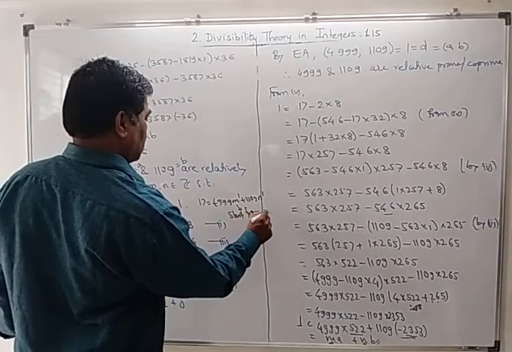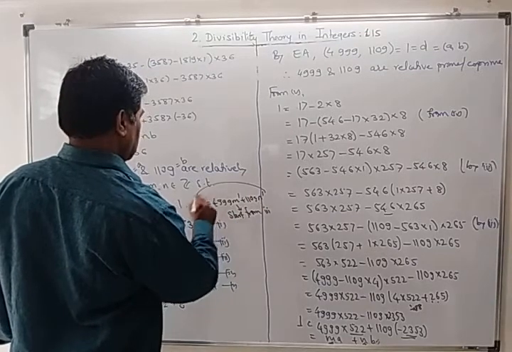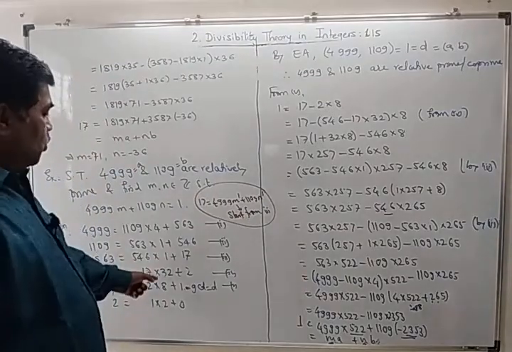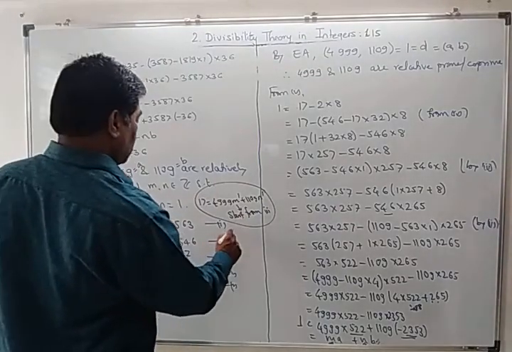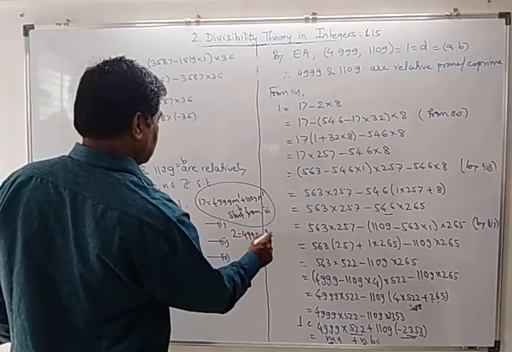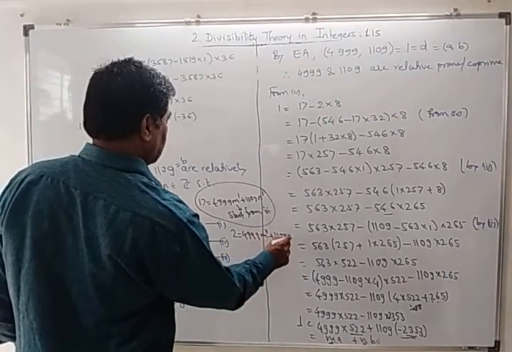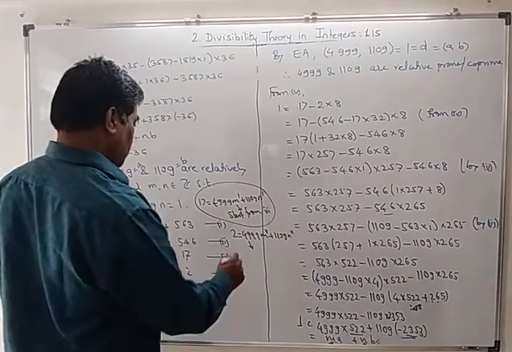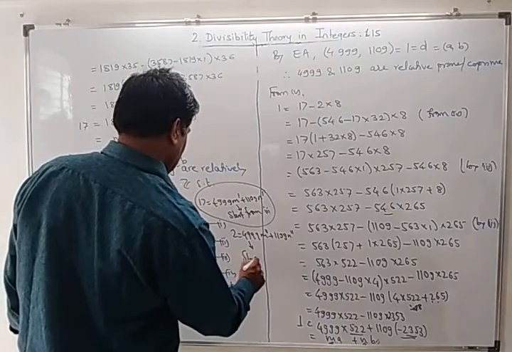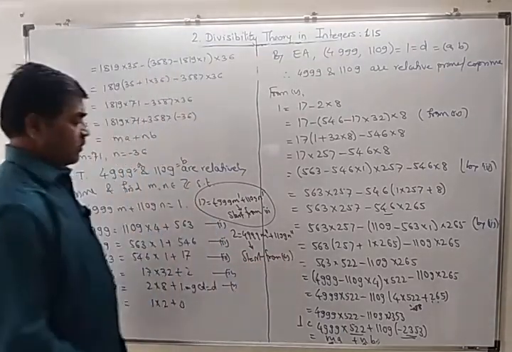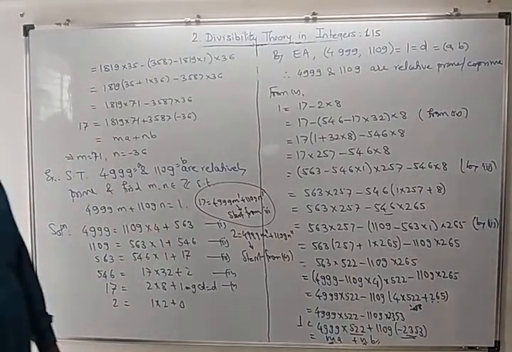For 2 equal to 4999 m double dash plus 1109 n double dash, start from 4. Is it clear?